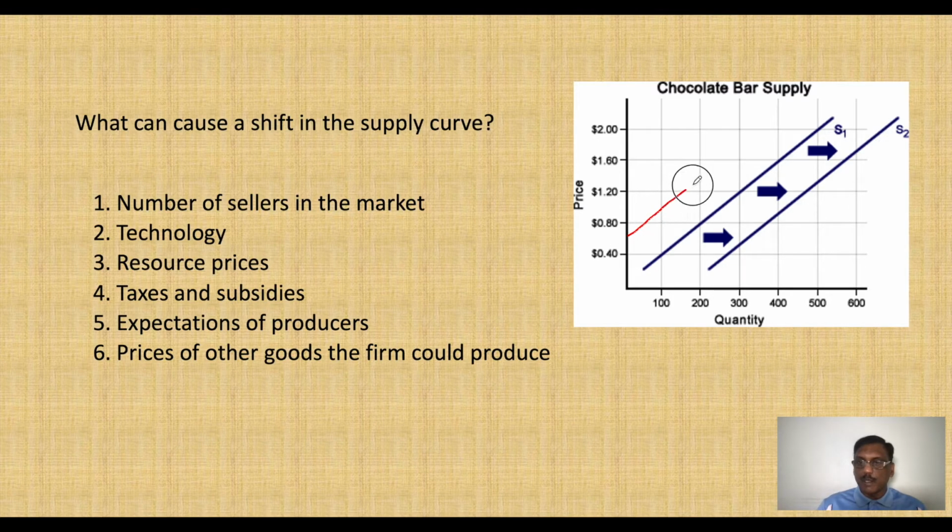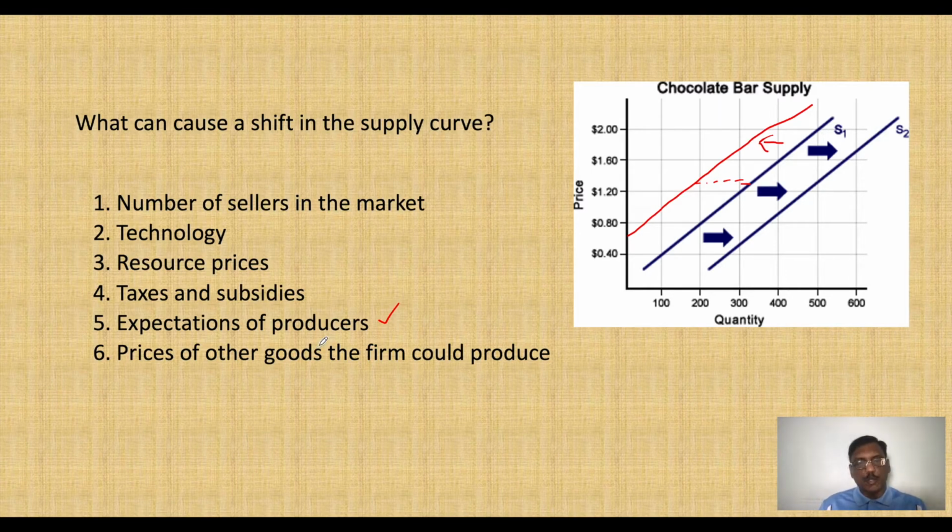It could be something like this. At each price now, can you see this? Less quantity supplied. At each price now, less quantity supplied. So it can also be a leftward shift depending on the scenario that we are experiencing. It could be the expectation of producers. If the producers or suppliers know the prices are going to increase in the future, they'll start building.